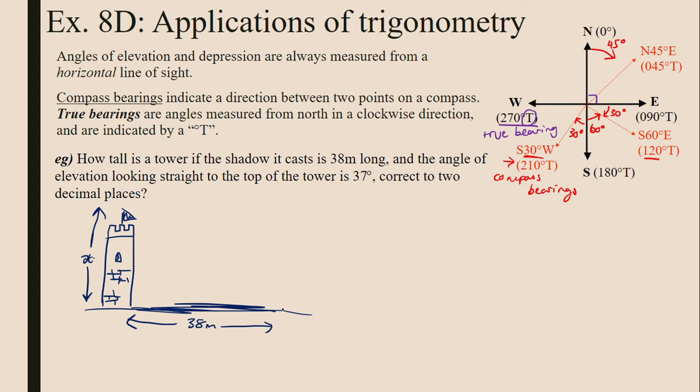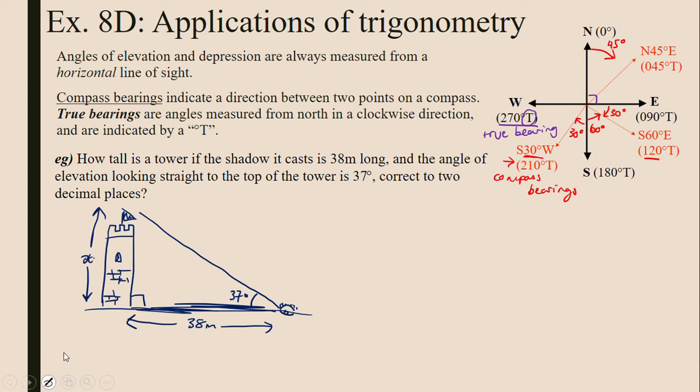So the angle of elevation, we're going to pretend that I've laid down on the ground, I'm bathing in the sun underneath this tower, and the angle of elevation in here is 37 degrees. So what we'll notice now is that we have constructed a right-angled triangle. So that's my line of sight to the top of the tower. My unknown is x. I've got a length, I've got an angle. We can now do some calculations.